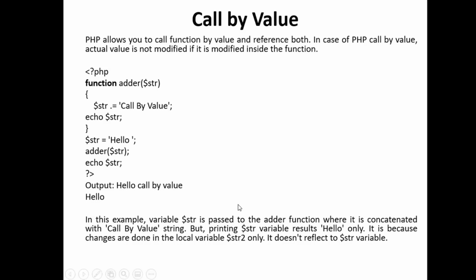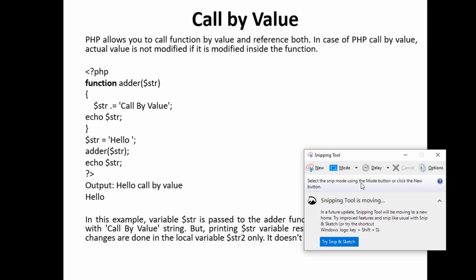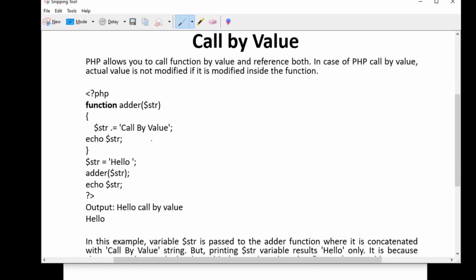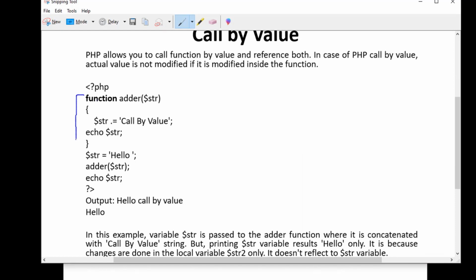What it means is, if you have a call by value, like this is the function declaration, and in this you have the value of str equals to hello. So hello is being assigned to str, and you are passing it to the adder function. What does this adder do?